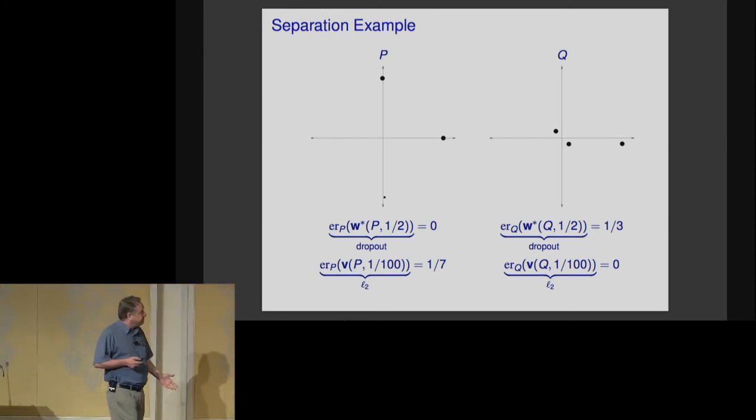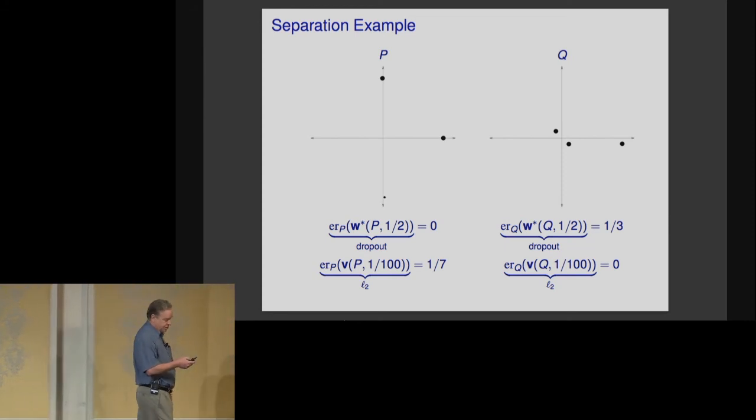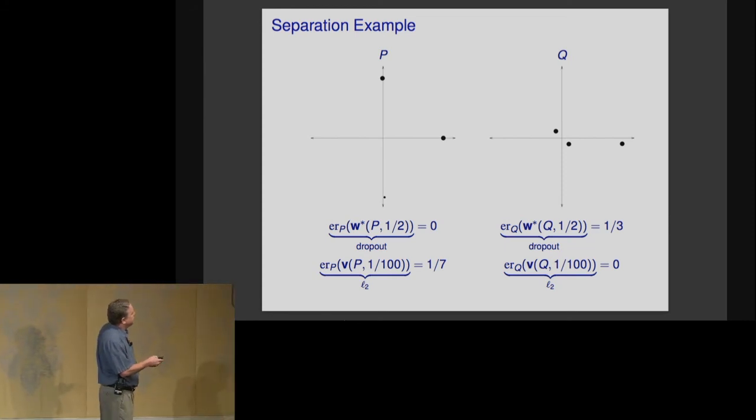Why does this happen? In the first example, for the P's, you've got an example out here that's pulling your weight in the first component to be large. But you've also got a high probability example here that's pulling the weight in the second component to be large. L2 tries to find a short weight vector with 2 large components and fails to get this bottom example correct.